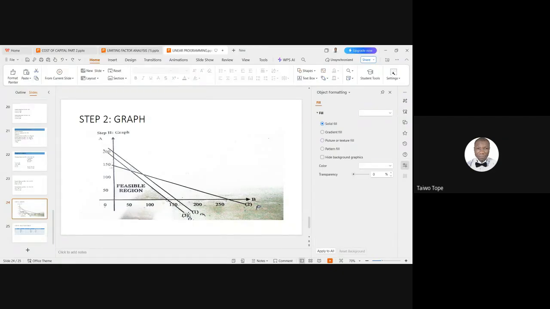So the next one is the painting department. For the painting department, B is what? 144. 144 should be within this region. For painting, B is 144, right? What is the value of A for painting? 180.